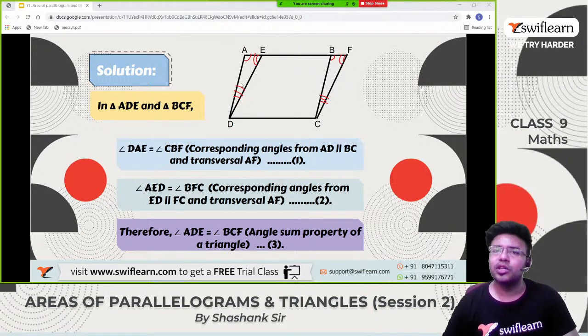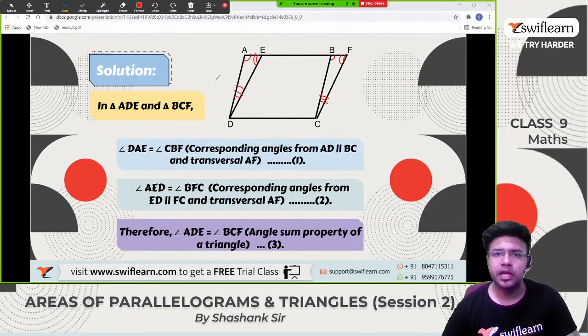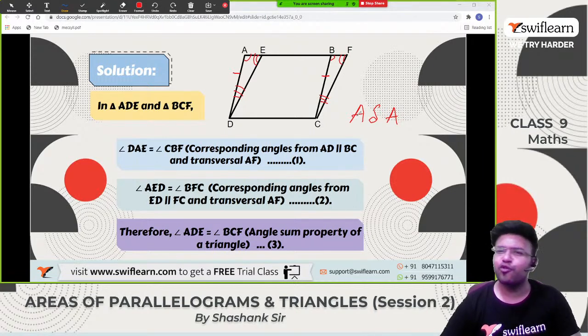Now, this side is the same as this side, they are equal in length. The two angles are equal, so using ASA, these two triangles are congruent. If these two triangles are congruent, they have equal areas.